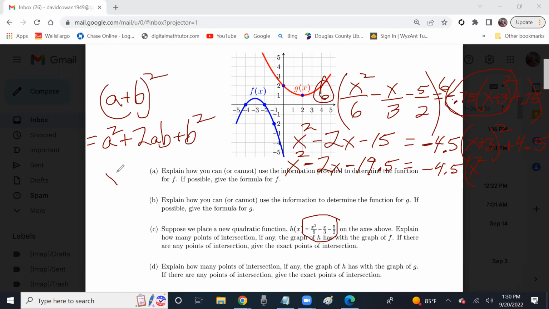So if I'm expanding x plus 3 squared, then it's going to be what? That'd be a squared, x squared, plus 6x, plus 9.